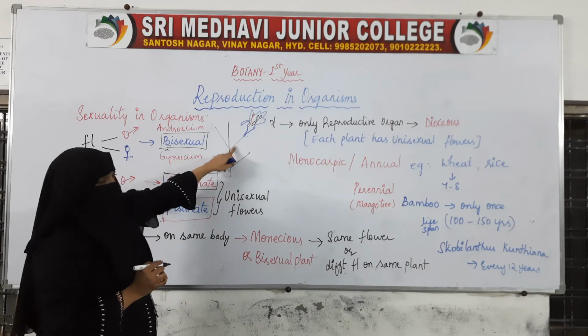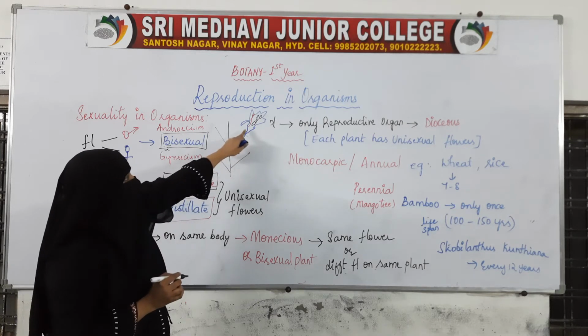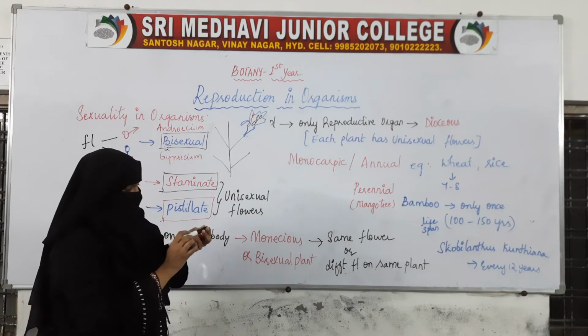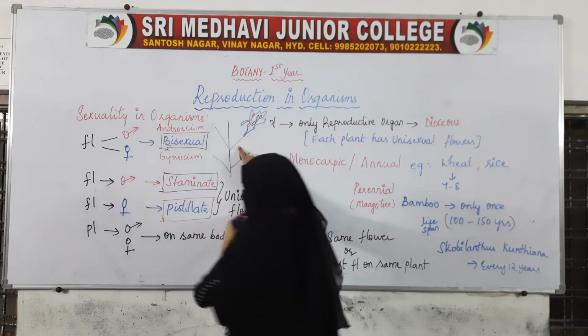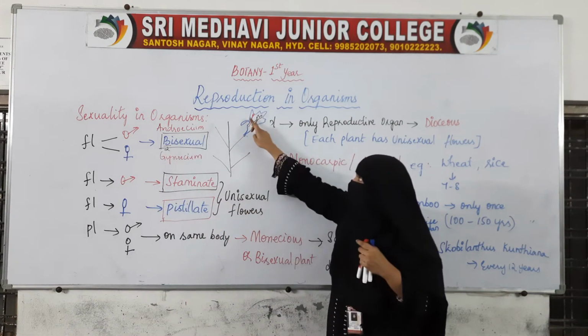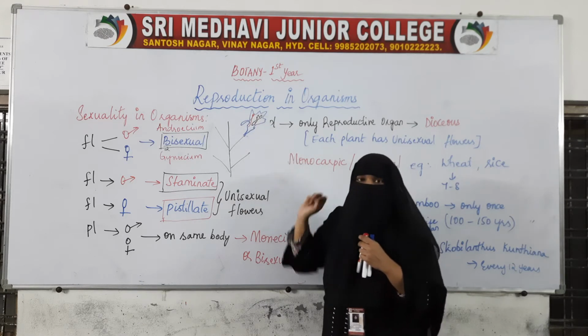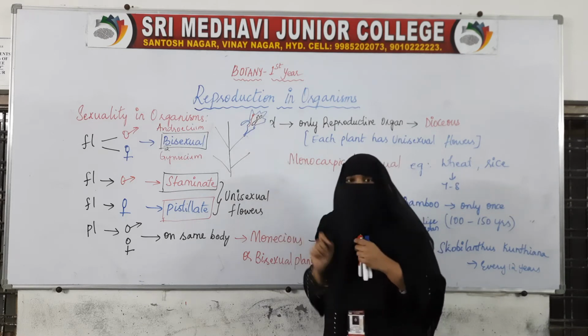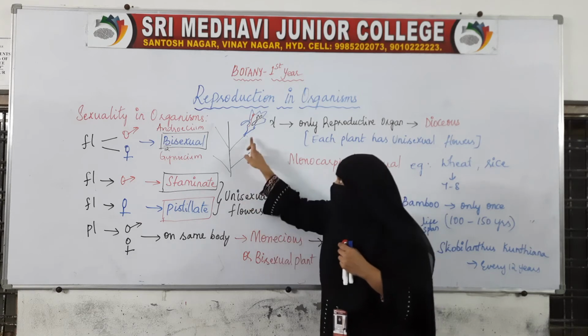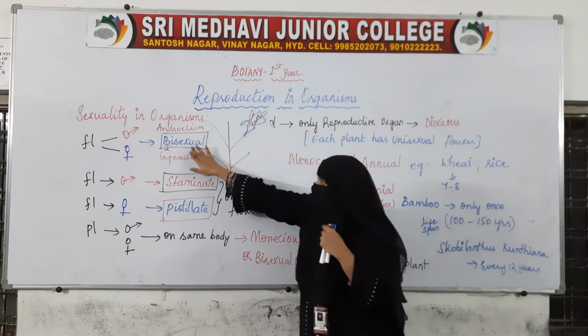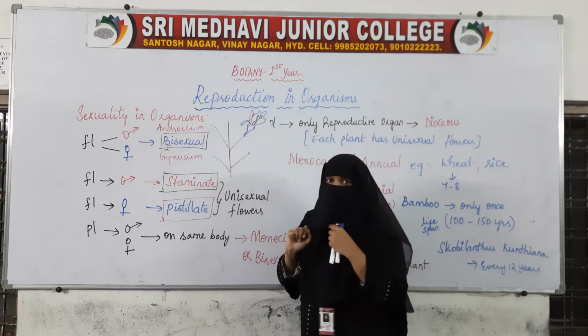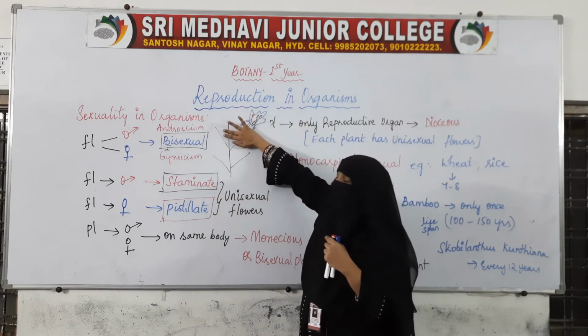On a single plant, the flower can be bisexual, with both reproductive organs present on the same flower. Now, the flower was here, I already told you, this is a bisexual flower. I am talking about this plant.